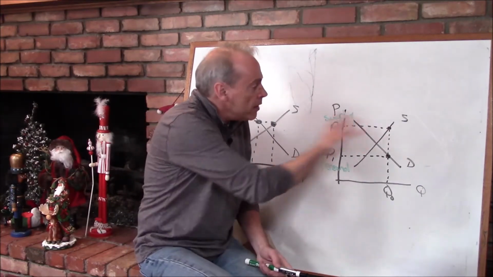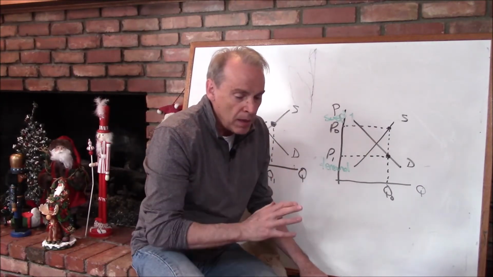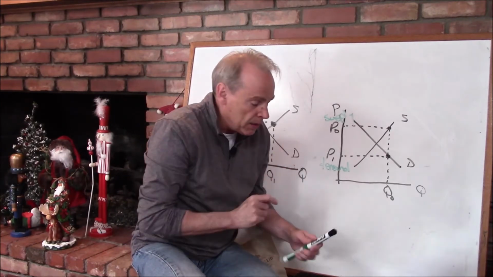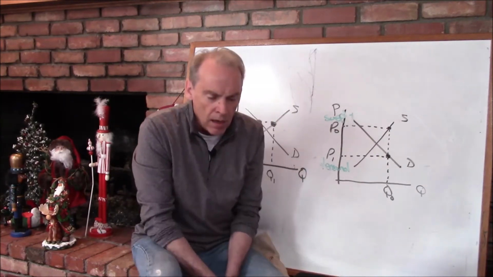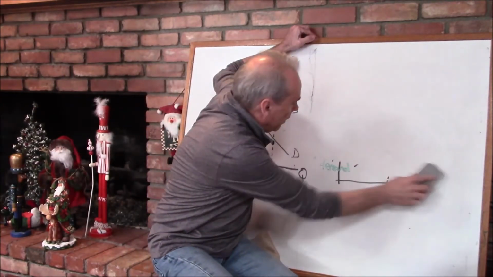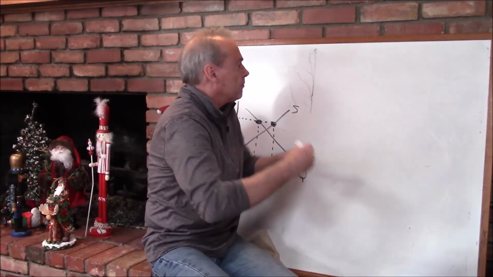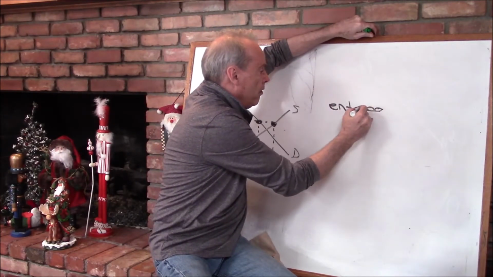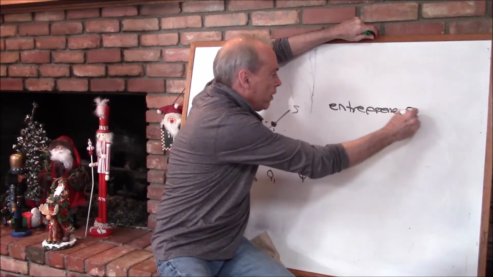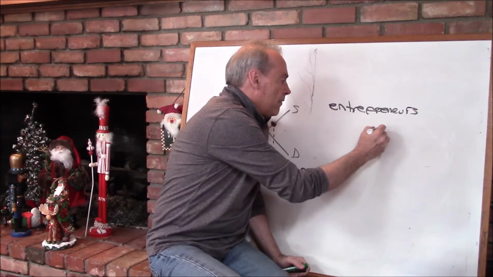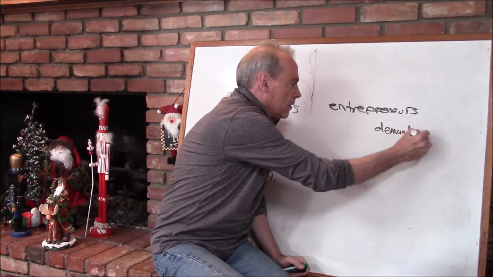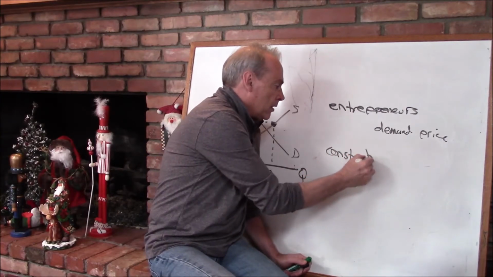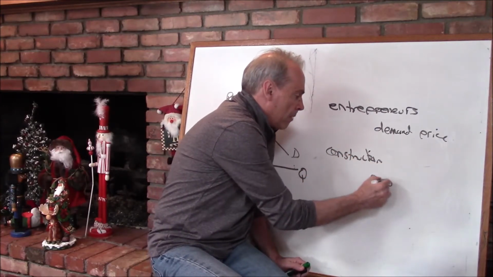We're going to be talking this way, in terms of supply price and demand price, and it really works for what we're about to do over there on the TV screen, because what we're going to end up with is a situation where entrepreneurs, sorry, 4 years of French, they're going to have their demand price, and then we'll call it construction industry or whatever. We're going to have a supply price.